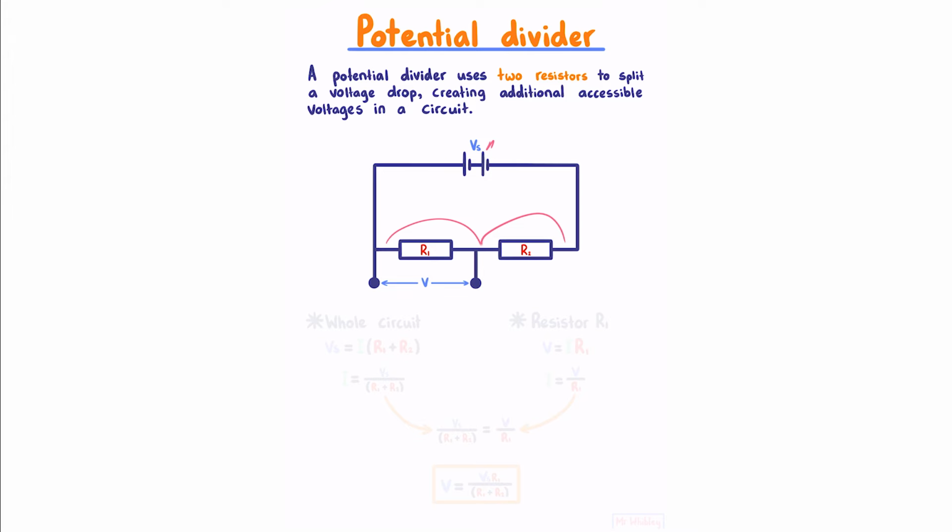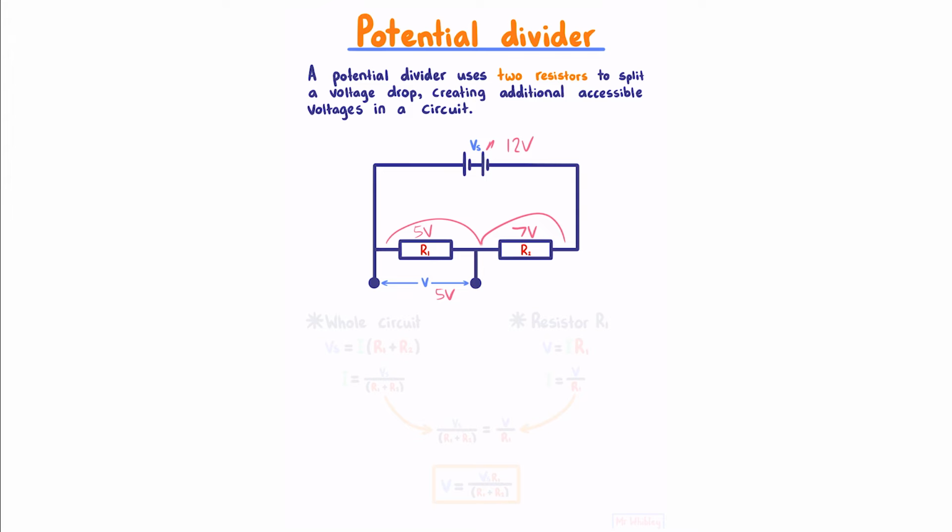What I mean by this is, say we had a voltage source of 12 volts. However, in this circuit, we had a component that only needed 5 volts. To do so, we could adjust the values of these resistors such that there is a voltage drop of 7 across this resistor and a drop of 5 across this resistor.